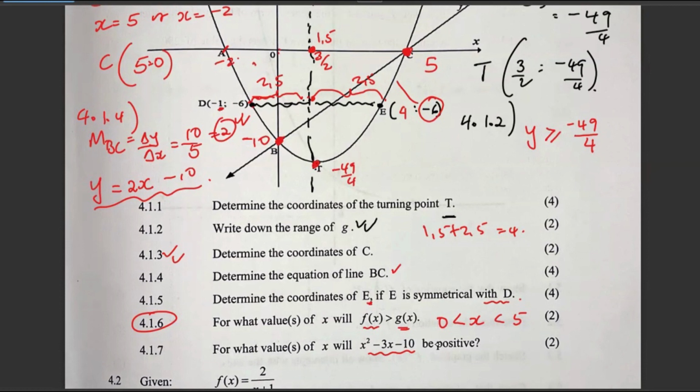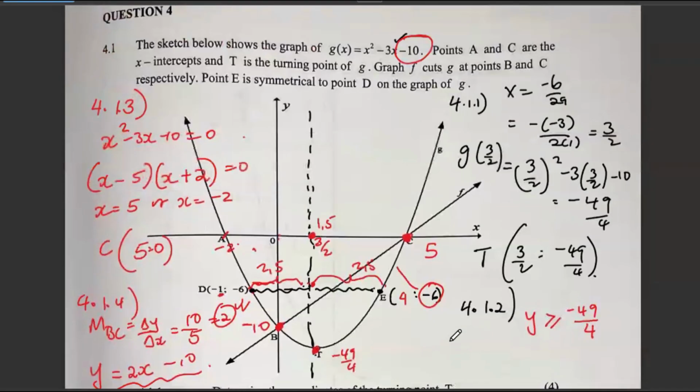All right, then 4.1.7, for what values of x will this graph be positive? It's as good as solving the quadratic inequality, whereby we get x squared minus 3x minus 10 greater than 0.